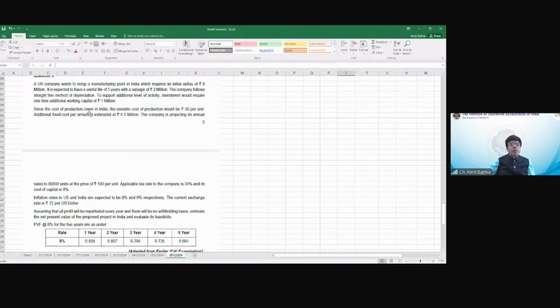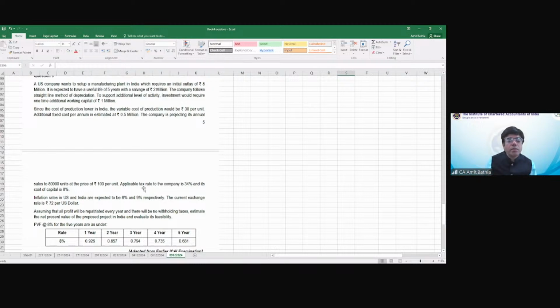Since the cost of production is lower in India, the variable cost of production would be rupees 30 per unit. Additional fixed cost per annum is estimated at rupees 0.5 million. Company is projecting its annual sales to 80,000 units at the price of rupees 100 per unit.